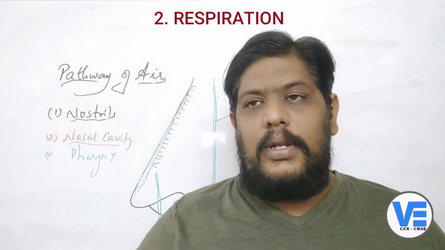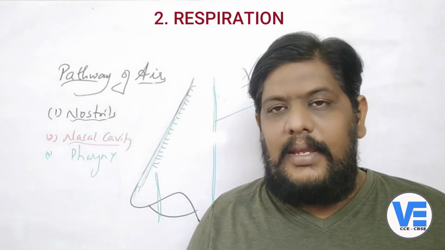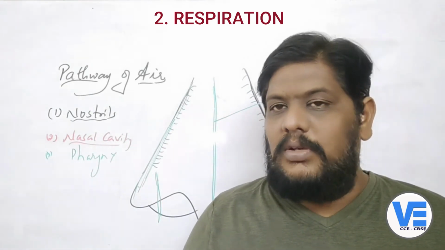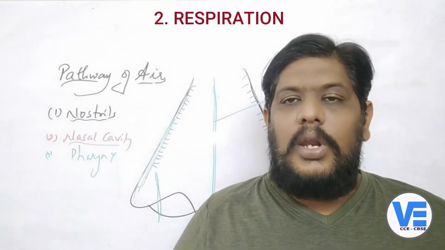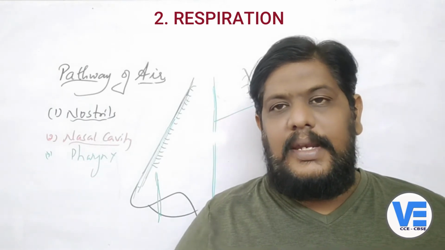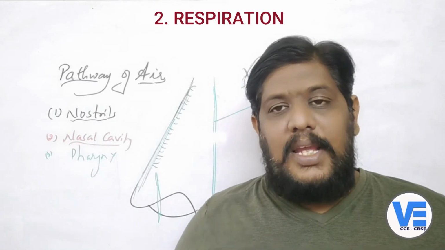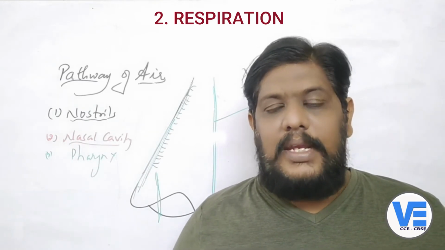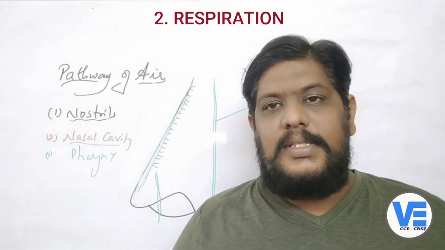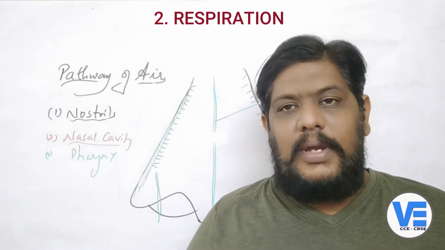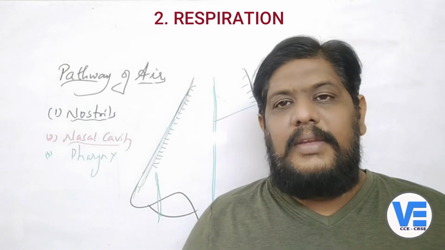To control the passage of food and air, there is a special organ called the epiglottis, present in the pharynx, which will not allow the food to pass into the larynx, so that the food directly enters the esophagus. If there were no epiglottis, whatever food you eat might directly enter into the lungs. That is what the pharynx does.